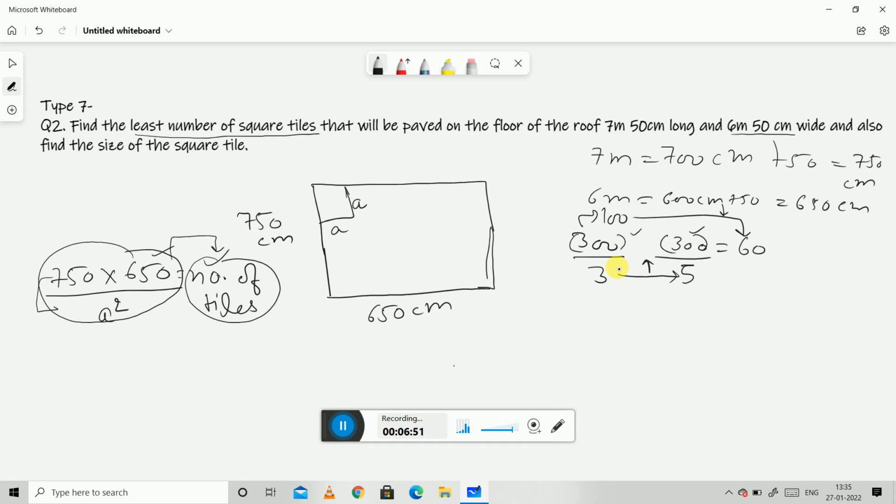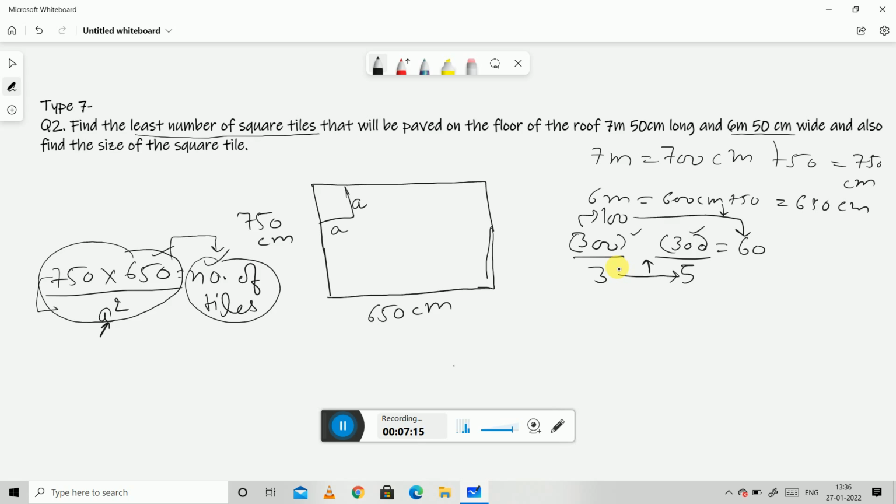And therefore, as I told you, the higher the denominator, the lower the value of the result. Therefore, I need to put the highest value of a here. The highest possible value of a is going to give me the least value in the result, and only then will I get the least number of square tiles.